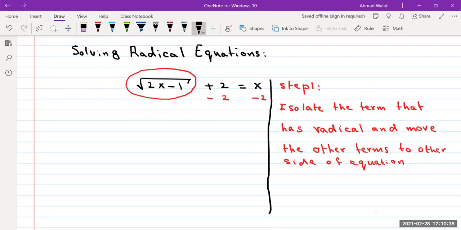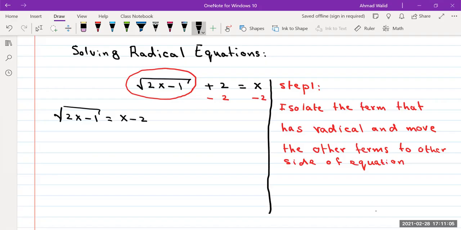And actually, these notes help you a lot to know how to solve, because these are the steps, correct? It means I'll end up here with square root of 2x minus 1 equals x minus 2. I'm not going to solve this problem, right? I'm trying to explain the steps for you. That's why I just did one step.